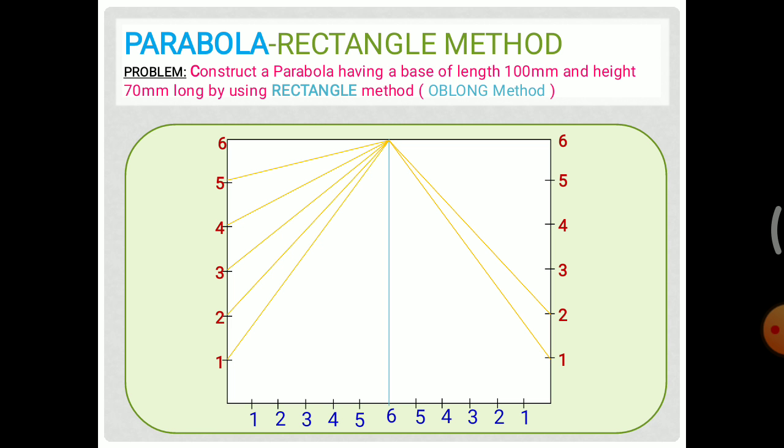And join the vertical points to the top center of the rectangle. After joining these, the lines from the horizontal points intersect the vertical points there. So 1 to 1, 2 to 2, 3 to 3, 4 to 4, and 5 to 5.